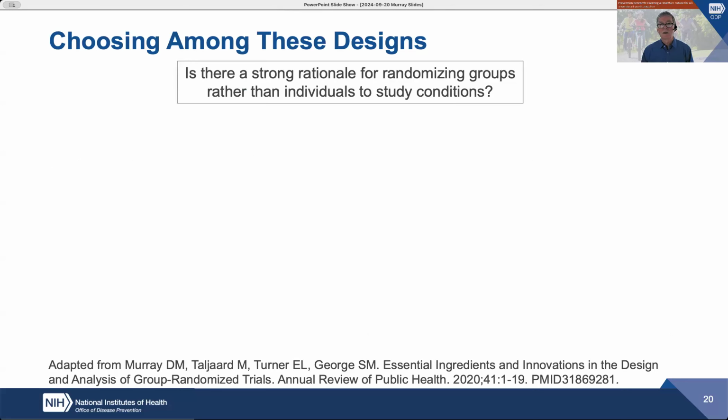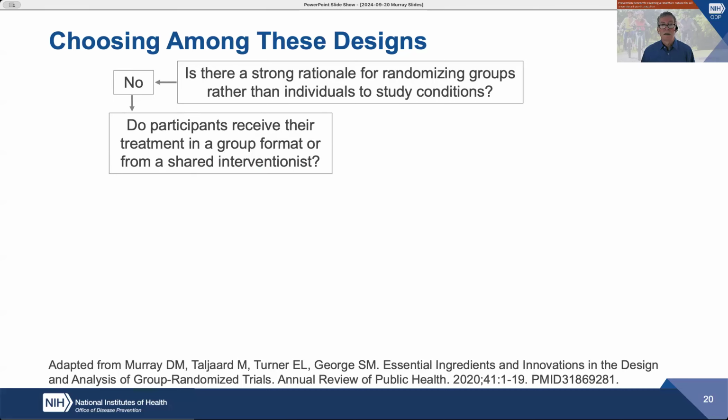How do you choose among the designs that I've offered? We've talked about 4: the RCT, the parallel group randomized trial, the IRGT, and the step wedge group randomized trial. The first question to consider: is there a strong rationale for randomizing groups rather than individuals to study conditions? And if the answer is no, then we consider a second question.